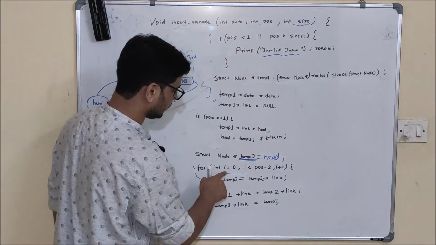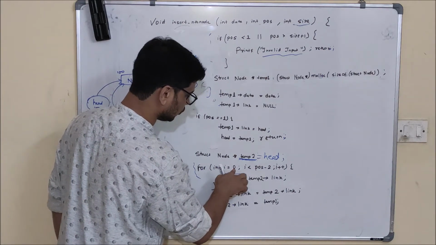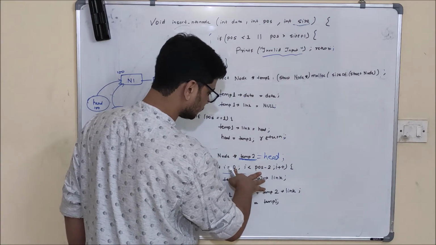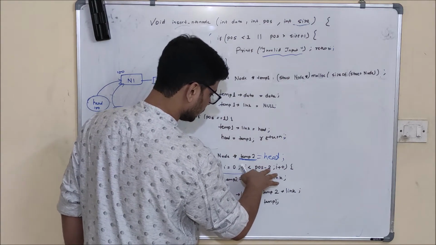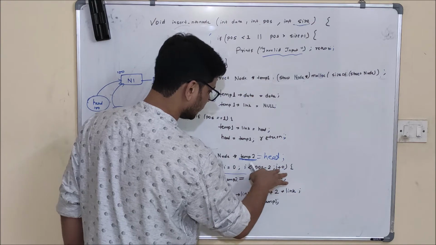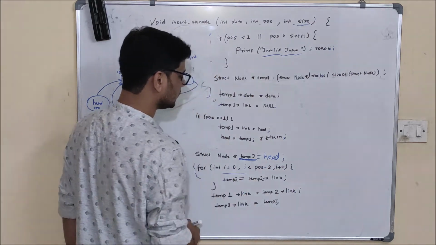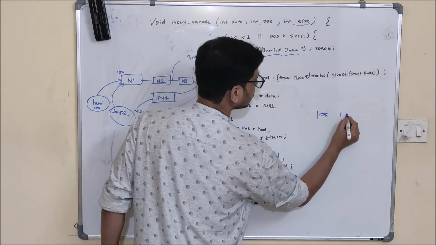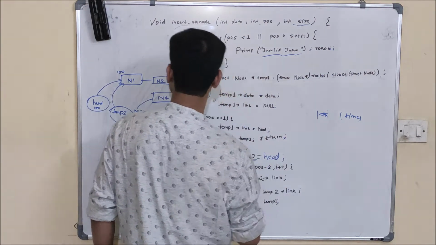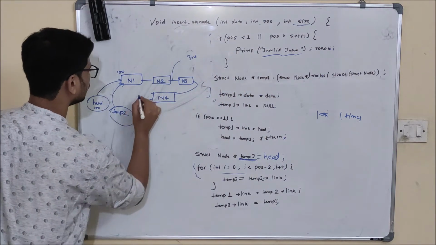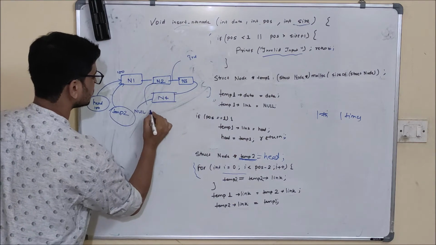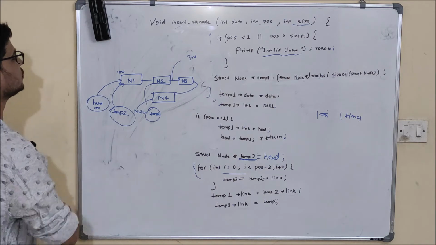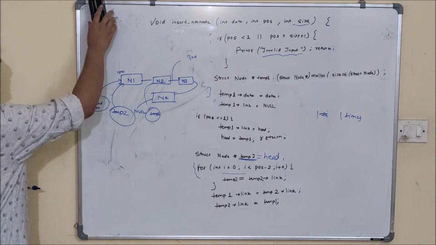This for loop will run for i equal to 0, i smaller than 3 minus 2, that is 1, i plus plus. So this for loop will run 1 time, and this temp2 will reach here. That is, this temp2 will start pointing to n2.